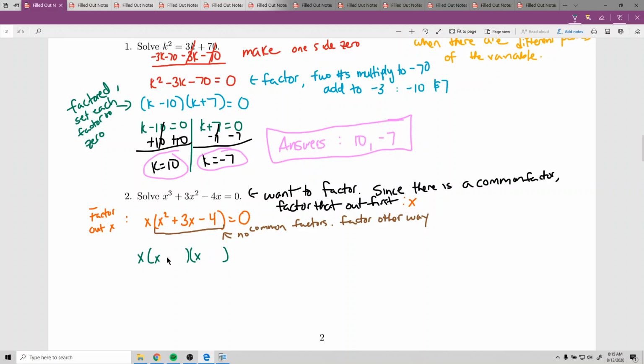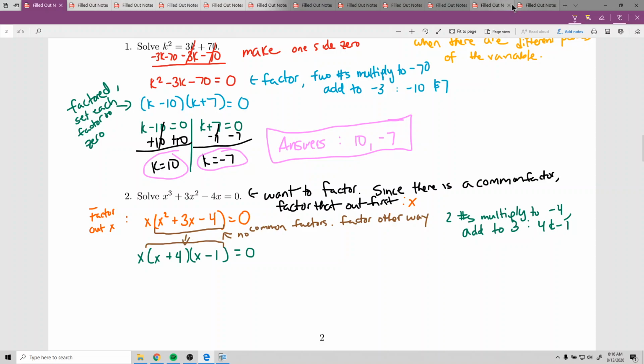And that would be +4 and -1. Right, you'll see that once again, just to reiterate, I left the x out front, do not get rid of that.